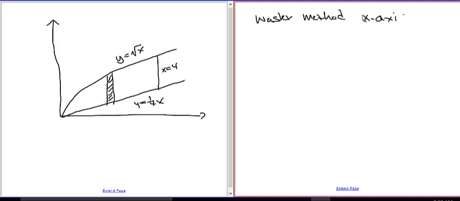So you'd have on your sheet the washer method around the x-axis or horizontal axis, and the formula is the volume is equal to pi times the integral from a to b of capital R of x squared minus small r of x squared, whole thing times dx. So you look at what curves bound this rectangle on the skinny parts, and the skinny parts are this side and this side.